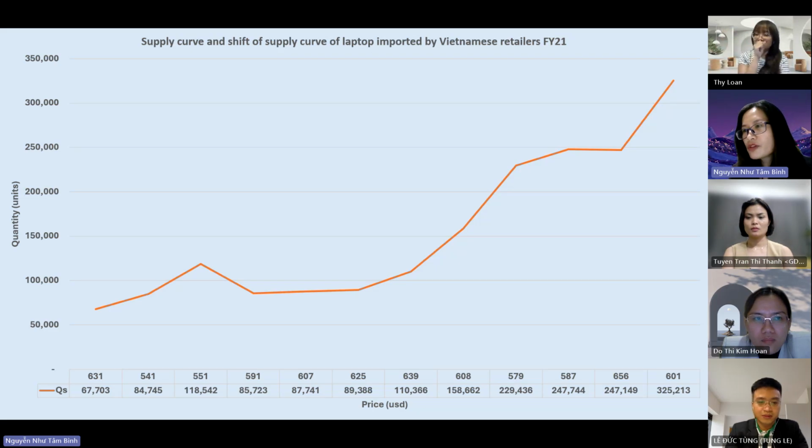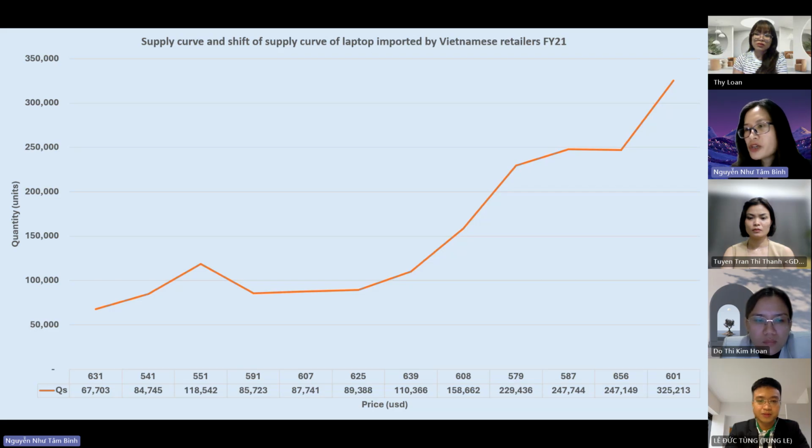So supply from January to April increased not only because of price, but also because more suppliers joined the market, as well as because the demand increased.